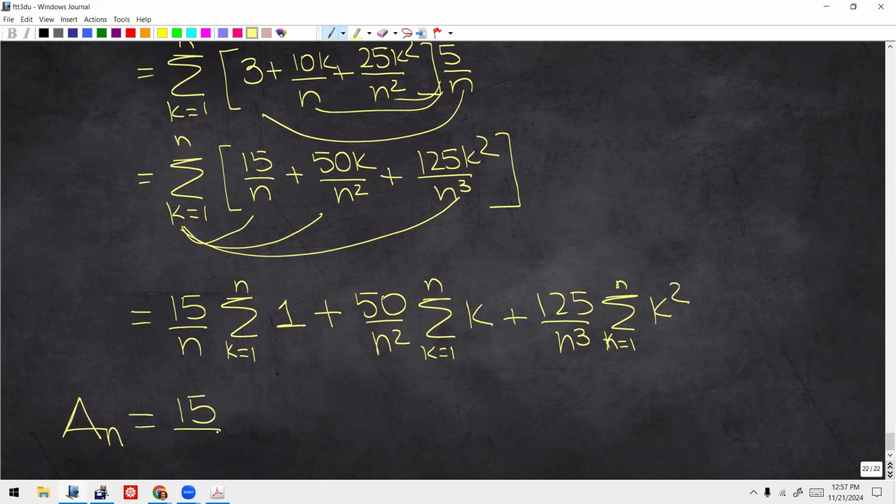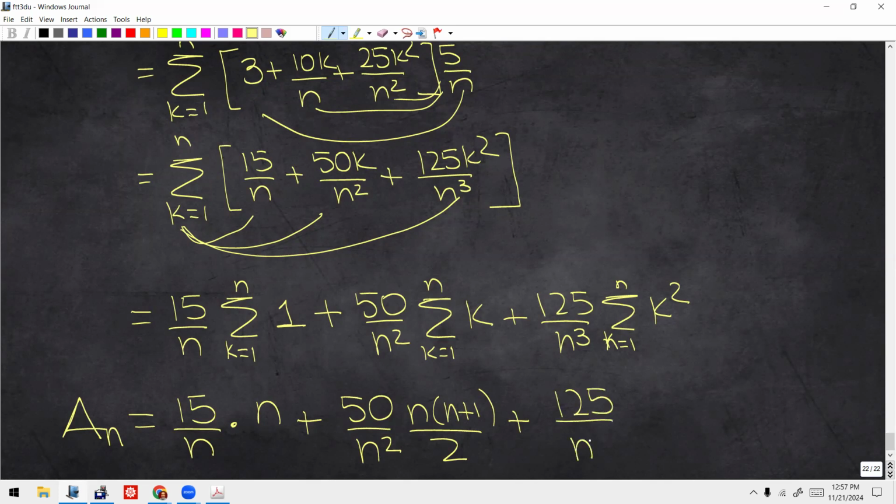I get 15 over n times n, because summation of 1 is n, plus 50 over n squared times n times n plus 1 over 2, plus 125 over n cubed times n plus 1 times 2n plus 1 over 6. These are just formulas that I gave you last time. Is that okay? So that is the area of n.